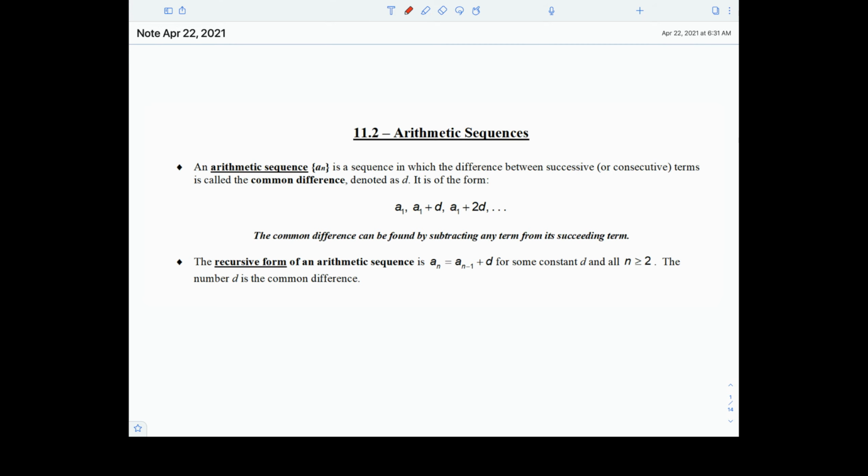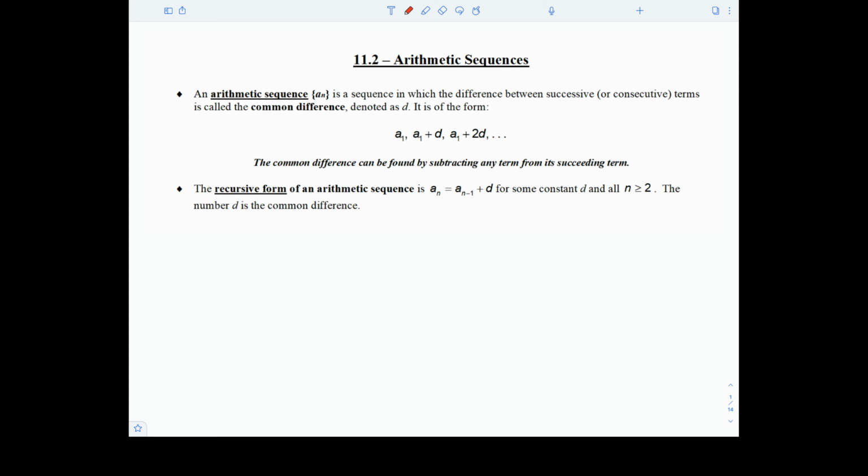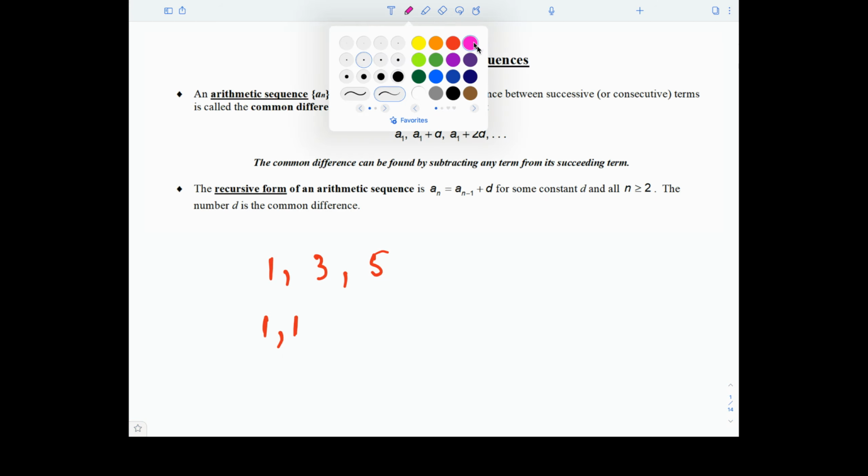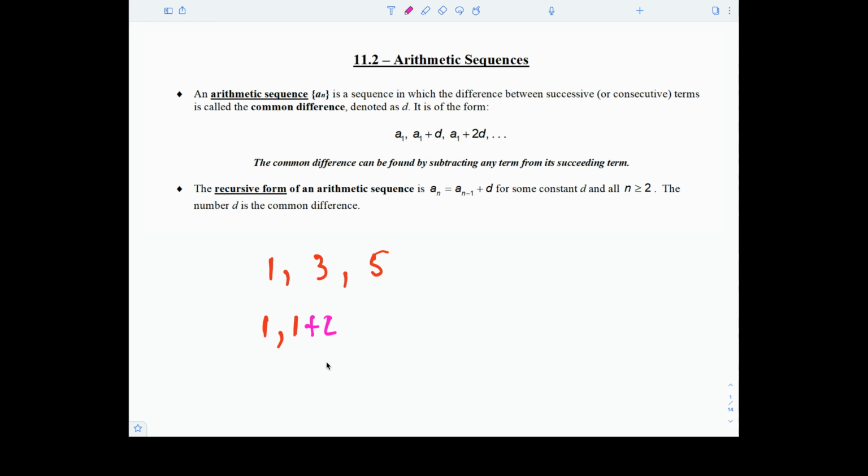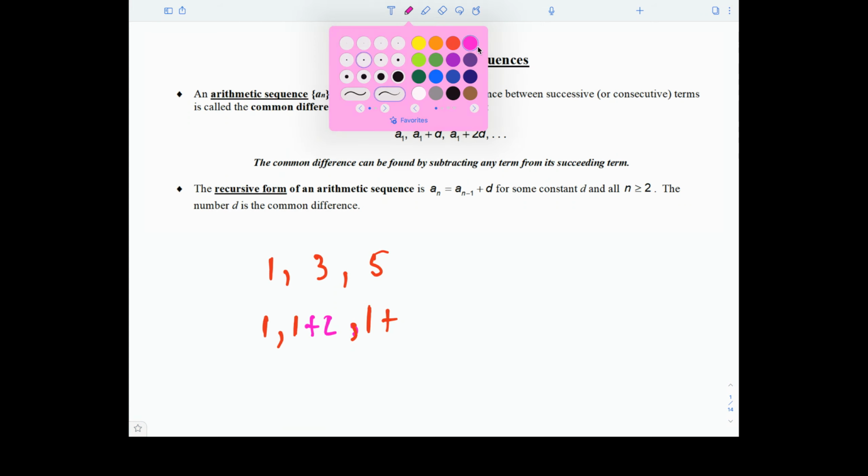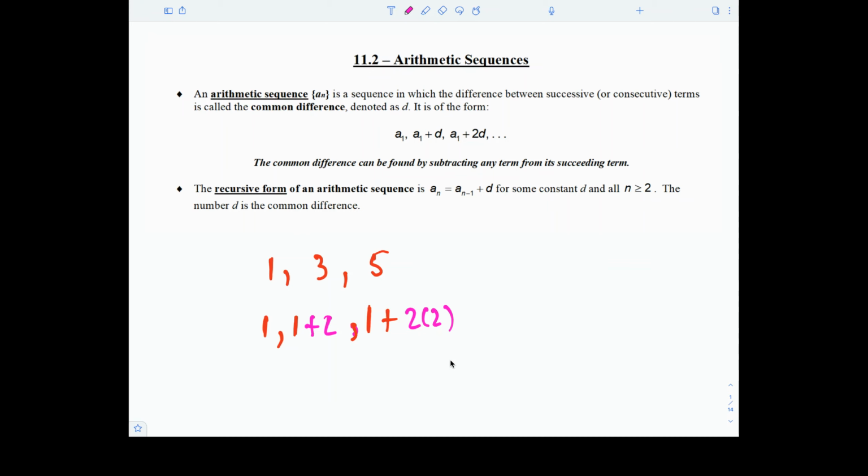Well, this means if we have a sequence, let's say we got 1, 3, 5. So we got odd numbers, right, starting with 1. Okay, what are we really saying here? We're really saying 1, comma, 1 plus 2, comma, 1 plus 2 times 2, right?